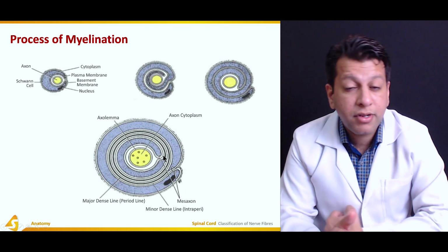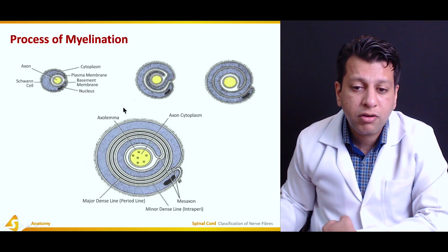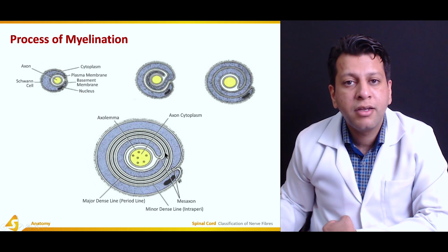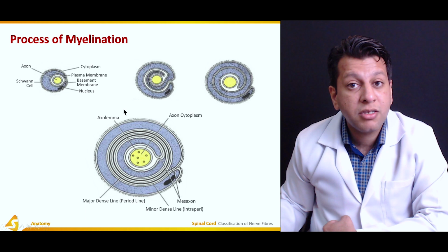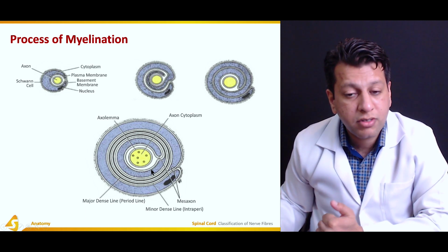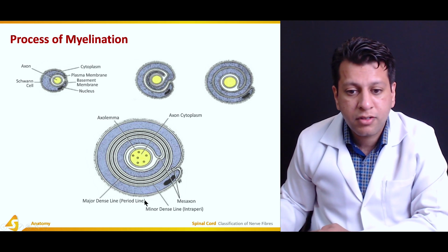For example, in type A alpha fibers, a lot of myelin is present, so they have a large diameter. Similarly, when a lot of myelination is already there, they have a very high conduction velocity compared to other fibers.